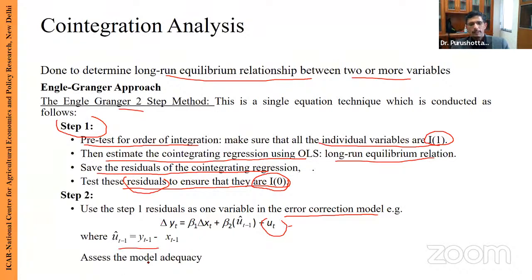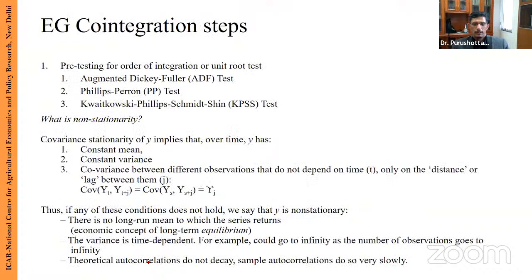After that, we'll try to assess the adequacy of the model, whether the model is adequate, and whether the error is normally distributed. So all those things we will try to work out. But the first step is pre-testing, and there are three methods: augmented Dickey-Fuller, Phillips-Perron test, and KPSS test.